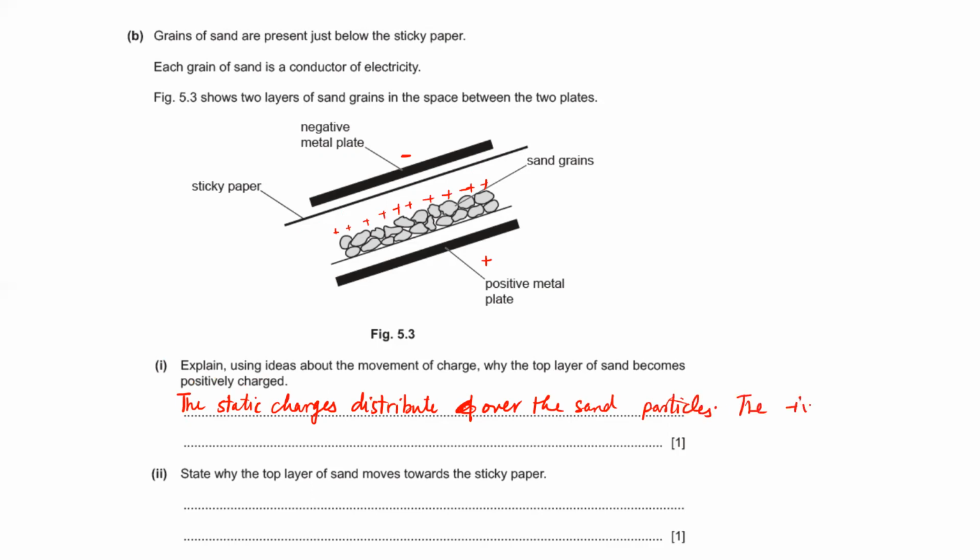For example, the bottom side would be negatively charged and this part would be positively charged, because the negative charge on the plate causes positive charges on this side, and the positive charge causes negative charges to come to this side. Since this is in contact with the plate, those charges will be neutralized. The positive charges are not in contact, so they will be pulled towards the negative plate, in a way towards the sticky paper.